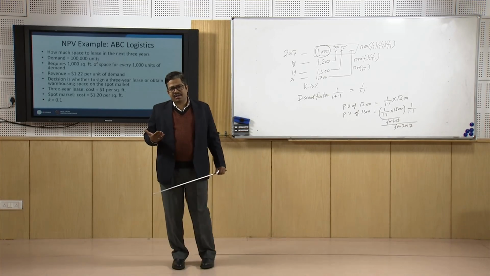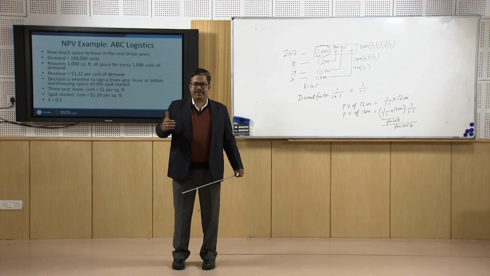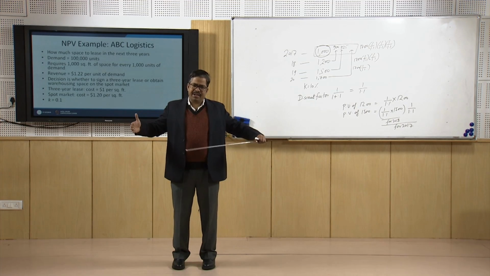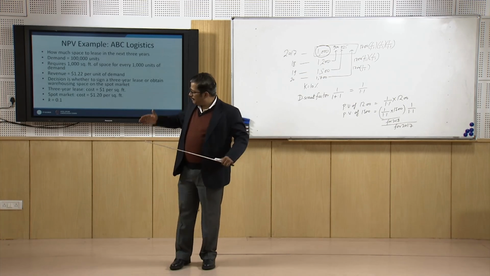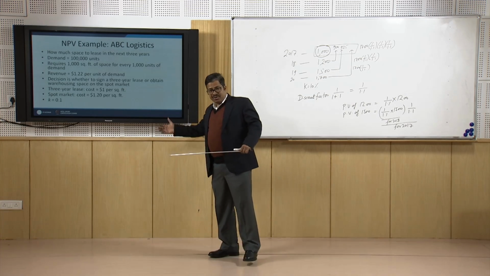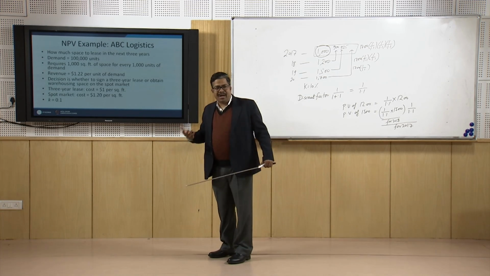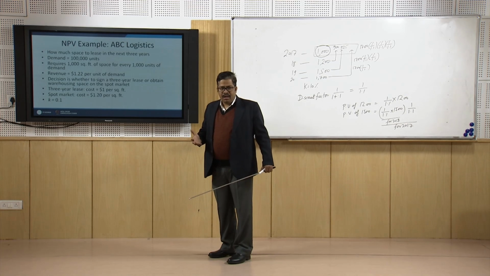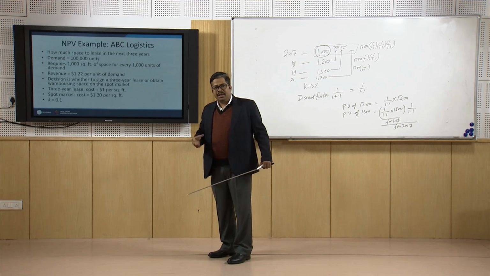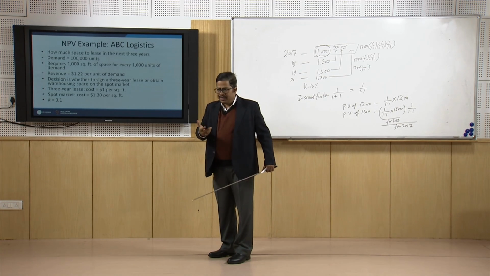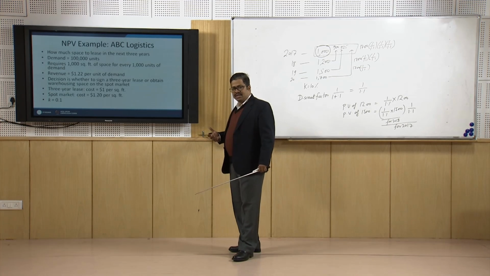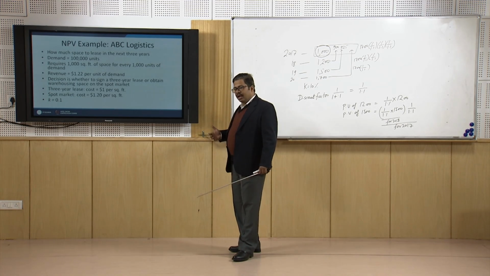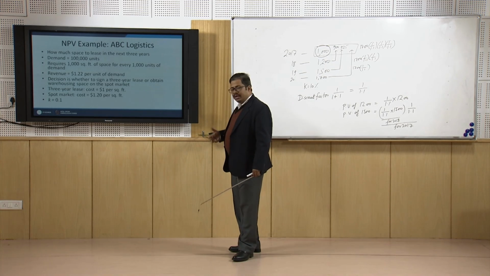In the lease, for the supplier as well as for the customer, it's a guaranteed agreement for a particular period of time. In case of the spot market, it is not so. Today demand is there, tomorrow demand may not be there, and you are fulfilling the immediate requirements, and therefore in normal circumstances, spot market rates are more than the lease rates.